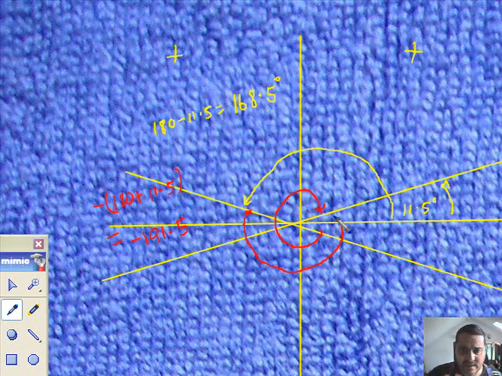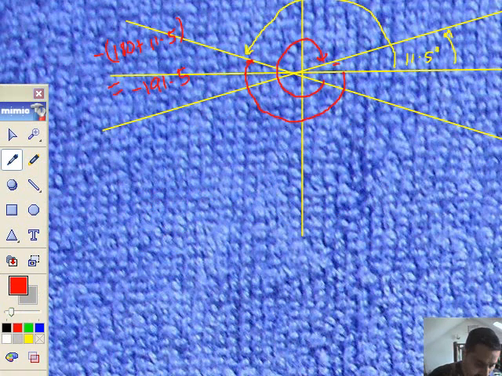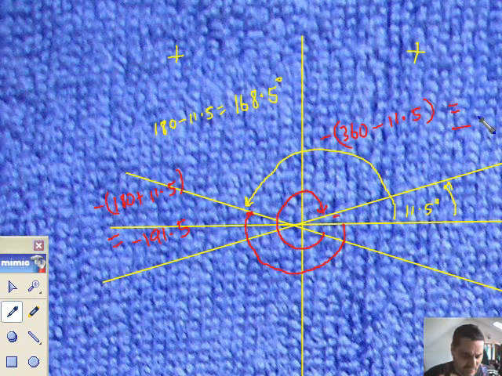We're going to take away the 11.5. So this one's going to be 360 take away the 11.5, and the answer will of course be negative because we're going clockwise. So 360 take away 11.5 gives us 348.5. In other words, minus 348.5 degrees is the final solution.